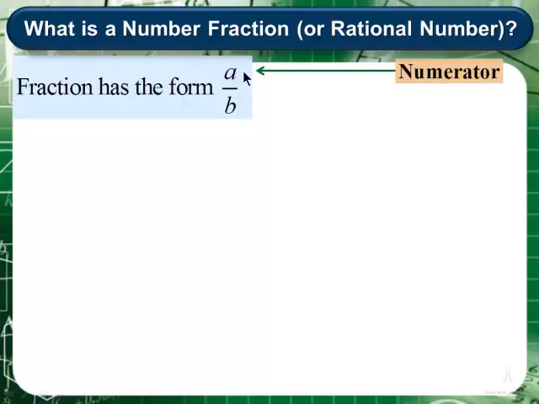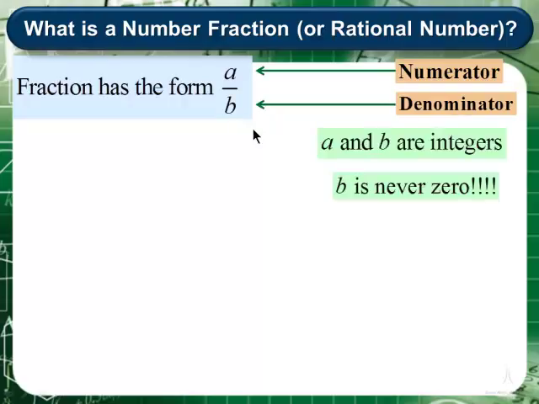The top part above the line is referred to as the numerator, and the bottom part below the line is referred to as the denominator of this number fraction. Remember, a and b are integers, any integer, positive or negative, but b is never 0, so the denominator may not be 0. Remember, division by 0 is not allowed in the algebra of real number systems.